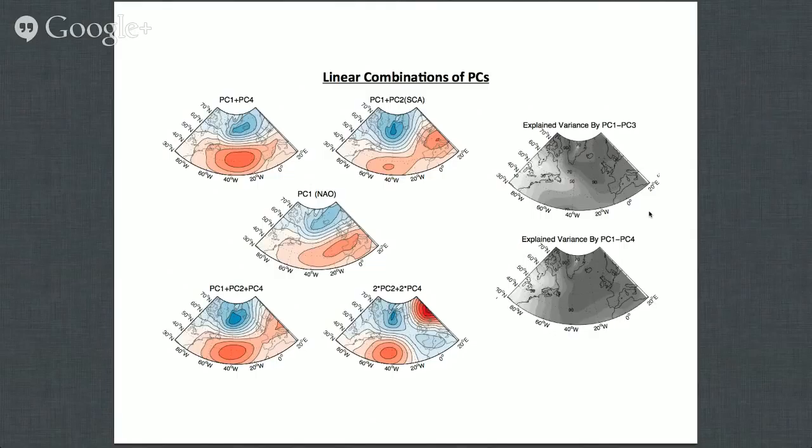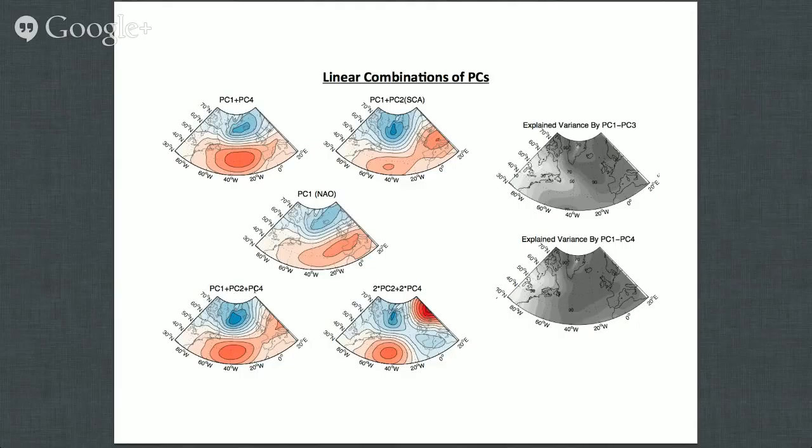We can also think about combinations of these patterns. For example, if you combine the NAO with this fourth mode, you can see the shift of the center to the western side, and you can get this center with the second mode as well.